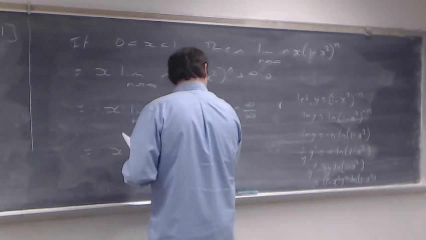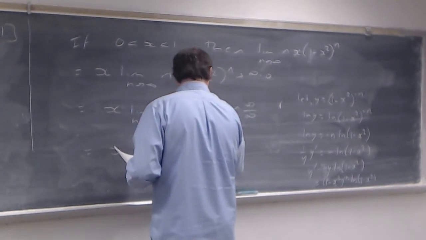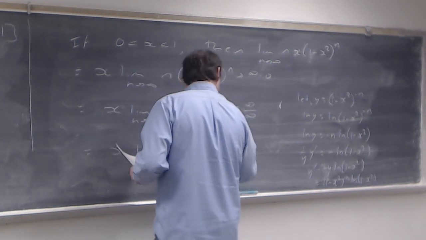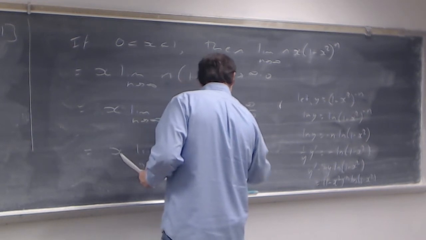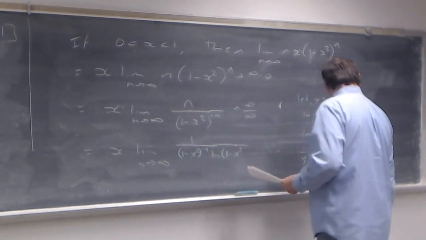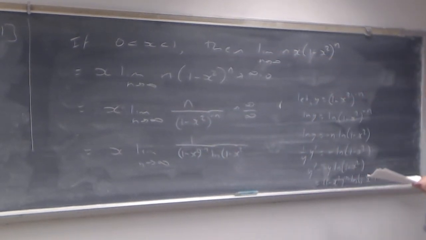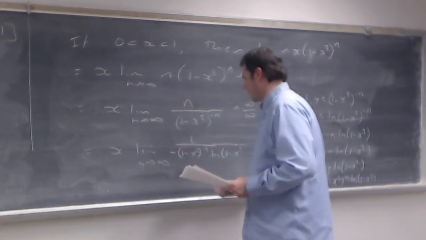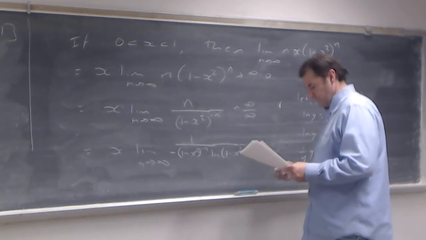And so that's what I'm going to write here. So it is (1 minus x squared) to the minus n times ln of (1 minus x squared), and it had a minus sign with it. I forgot this minus sign, so this minus sign here. Okay, that's what we have.